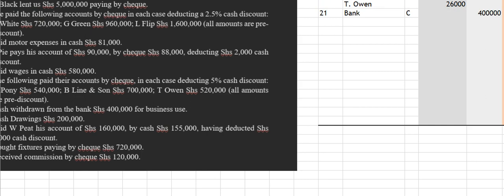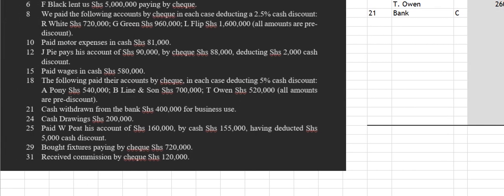Then next, paid WPT's account of shillings 160,000 by cash, shillings 155,000, having deducted shillings 5,000 cash discount. So we are paying WPT's account of 160,000, but we paid less by 5,000, so there was a discount that was received.